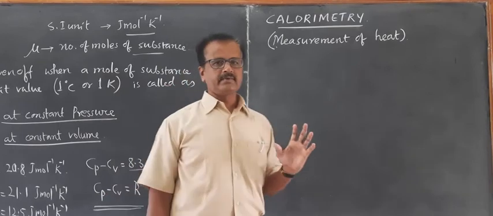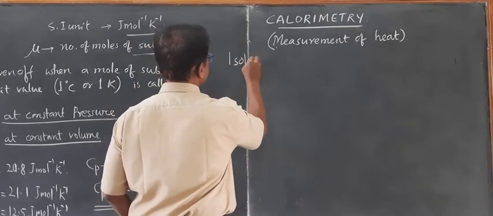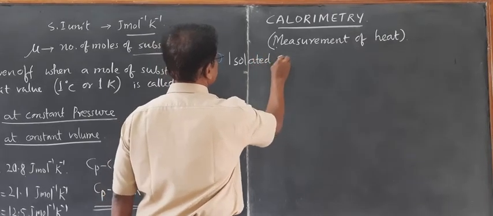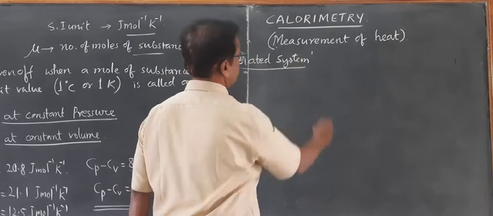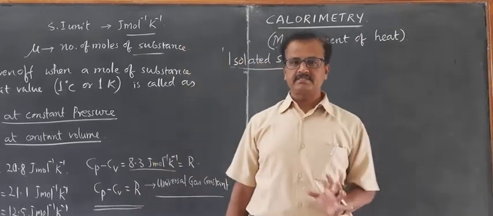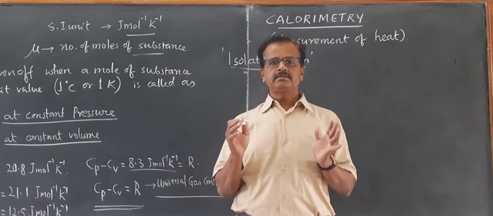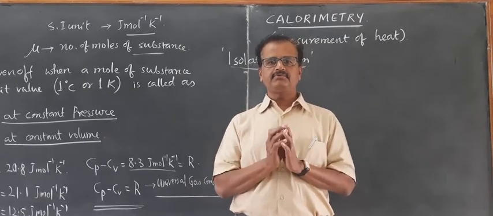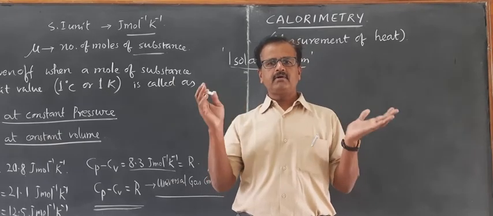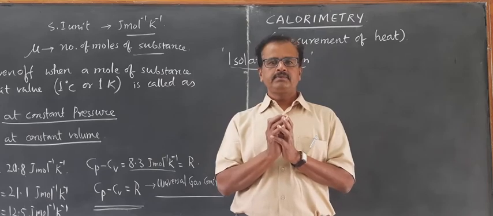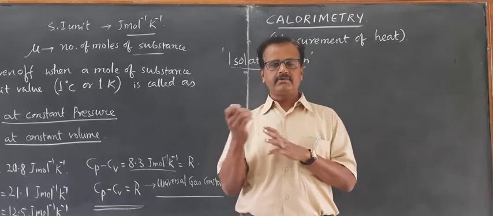First we shall understand what is the meaning of isolated system. An isolated thermodynamic system means the one which is having a fixed value of heat, isolated from the surroundings, which does not exchange heat with the surrounding.